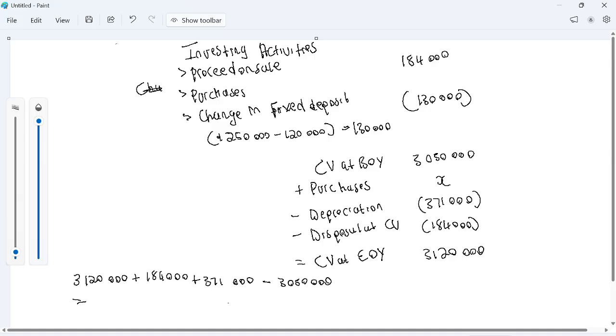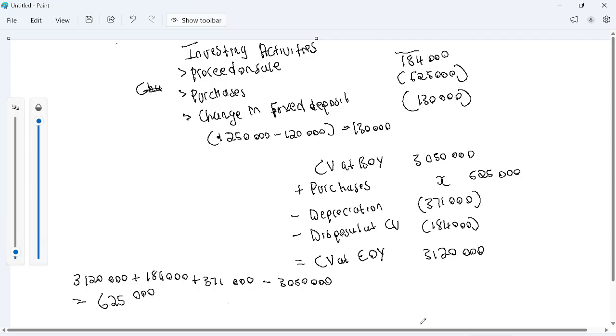So therefore I'm getting my additions. 625,000 is equal to my additions. So the two vehicles that we purchased cost us 625,000. So therefore it's gonna be negative because we took out 625,000.